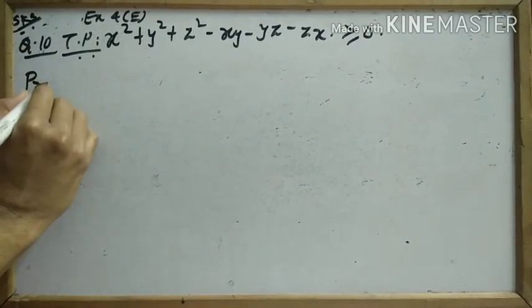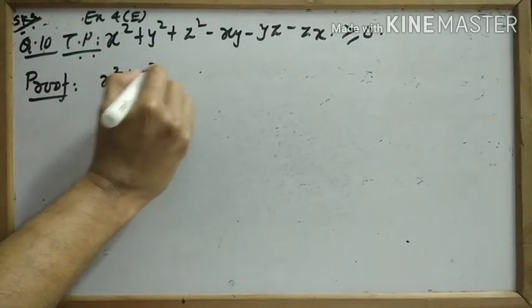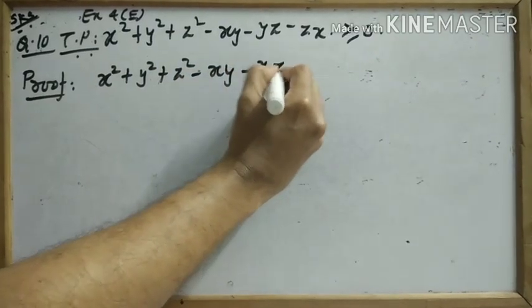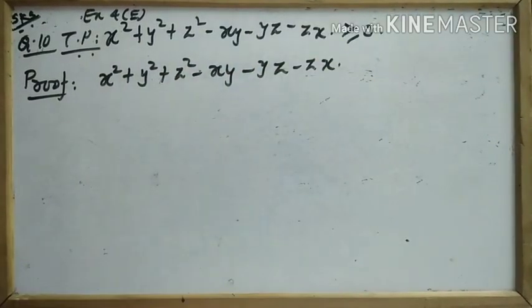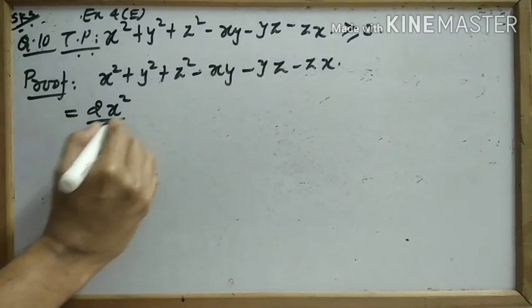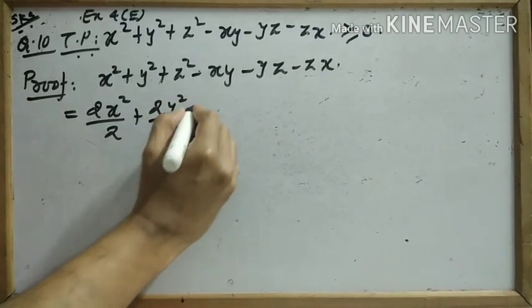We start with the proof. They've given us x square plus y square plus z square minus xy minus yz minus zx. Now I explained you something, and am I right or not? You just judge it from your knowledge which we just discussed.